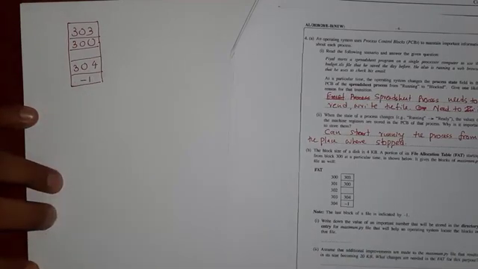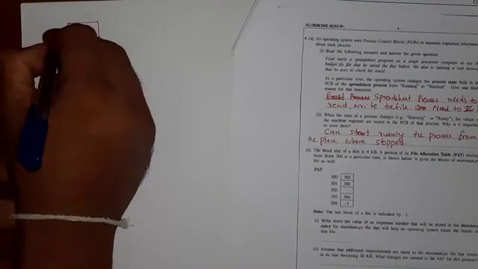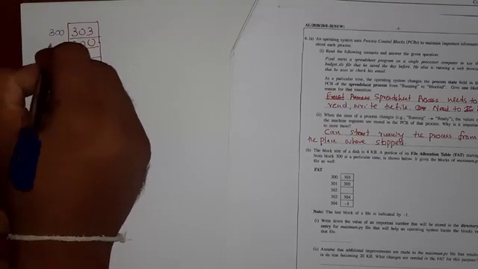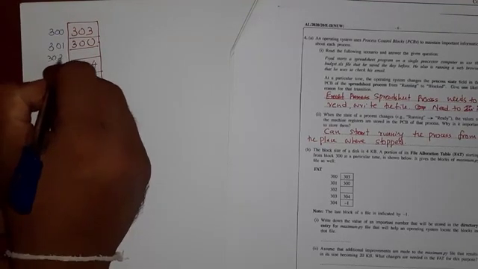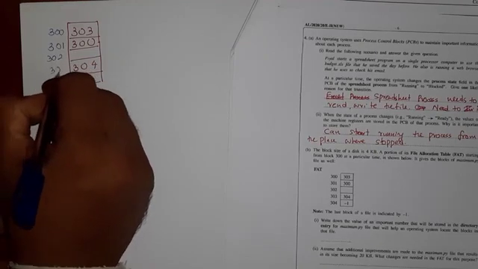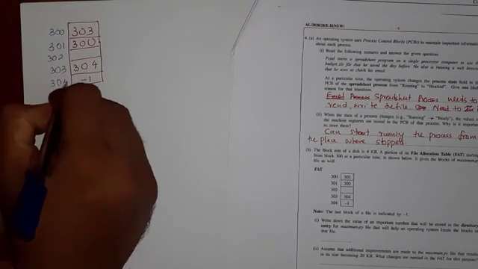This is the table. The memory addresses are 300, 301, 302, 303, 304. So how is this file actually created?